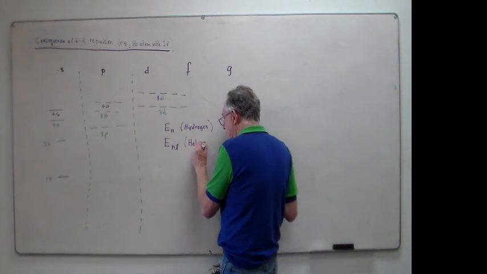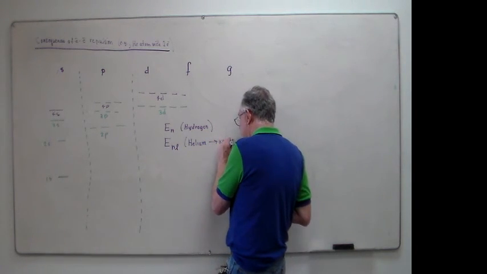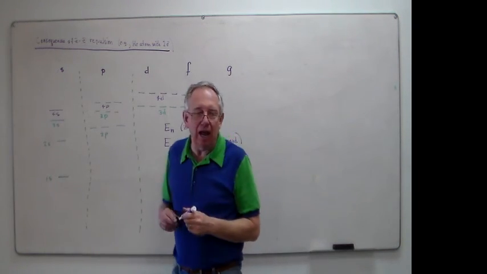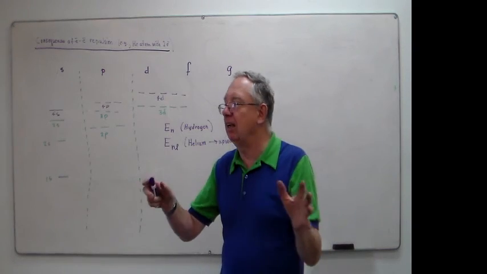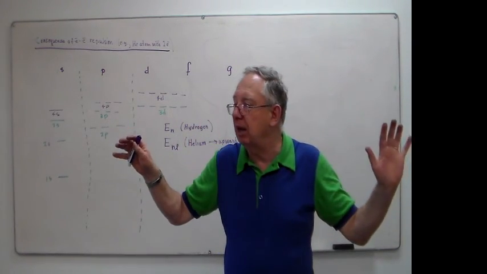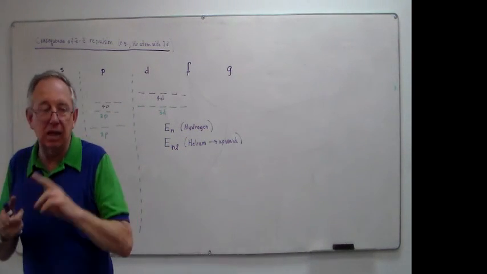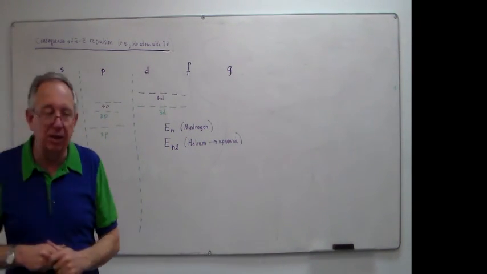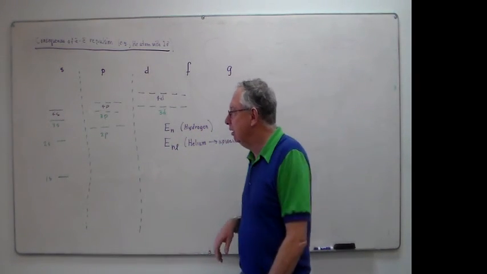In helium and upward, the energies depend on N and L. And that changes everything, and it totally changes the periodic table, allowing the F block elements, the lanthanides and the actinides, and the D block elements, the transition metals, to be interspersed in here.